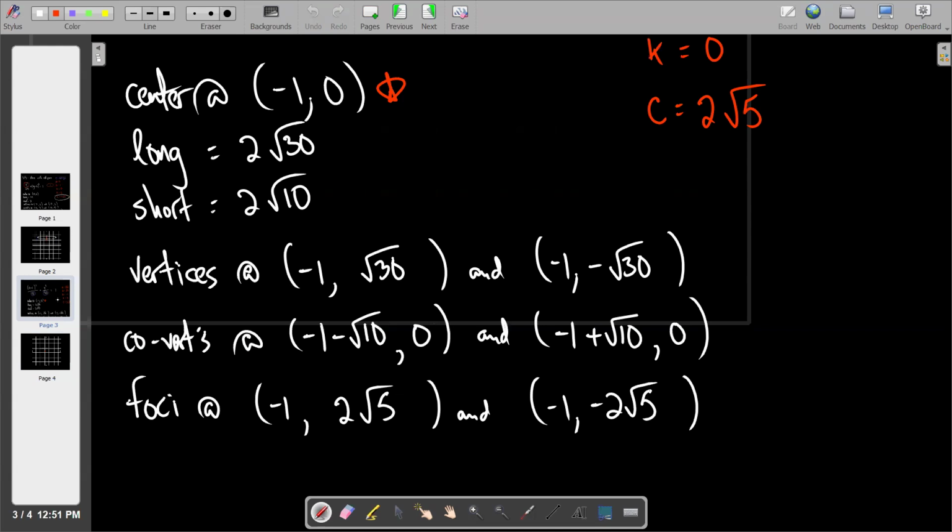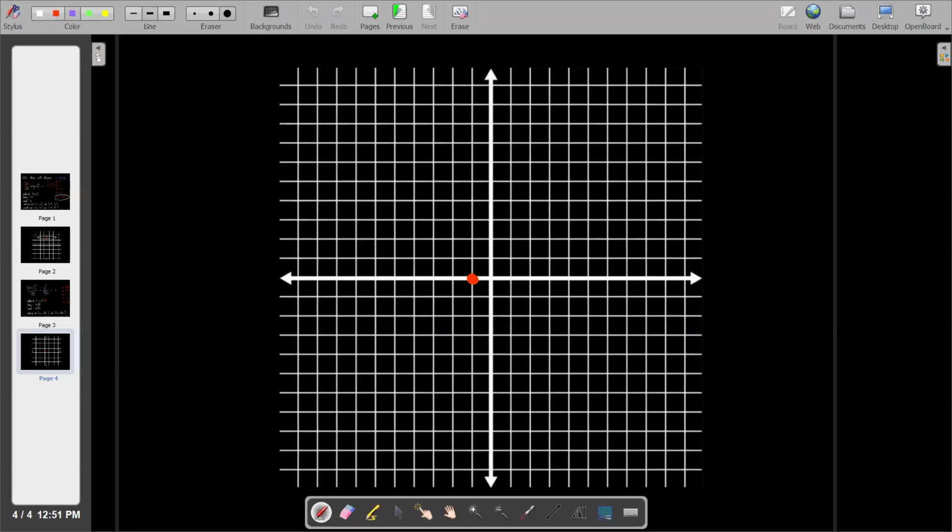So we can go up about 5.5 and then down about 5.5 to get to the vertices. There's really no sense in being too accurate with it because on a piece of graph paper, it's going to look about the same either way. So we're going to go up 1, 2, 3, 4, 5 and change. So there's a vertex and there's another vertex.